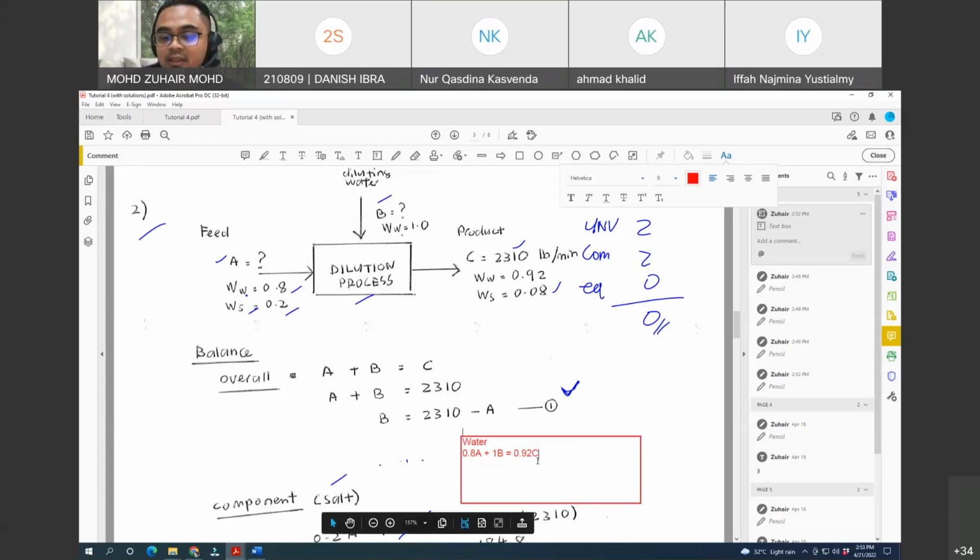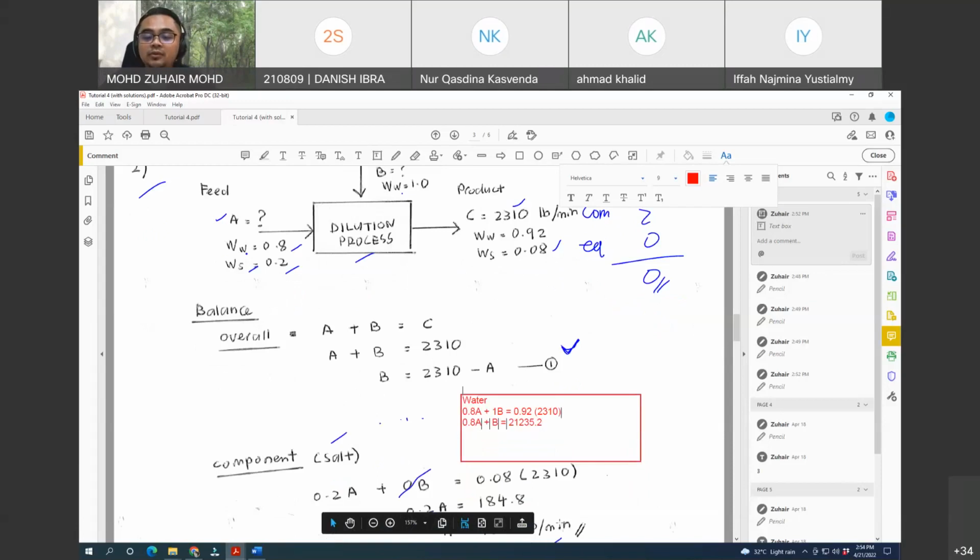So we need to do arrangement. C is 2310, so 0.8 A plus B equals 0.92 times 2310, which is 2125.2.